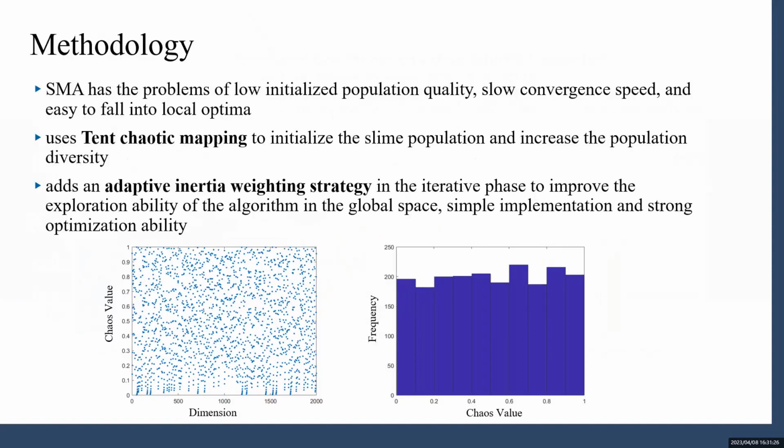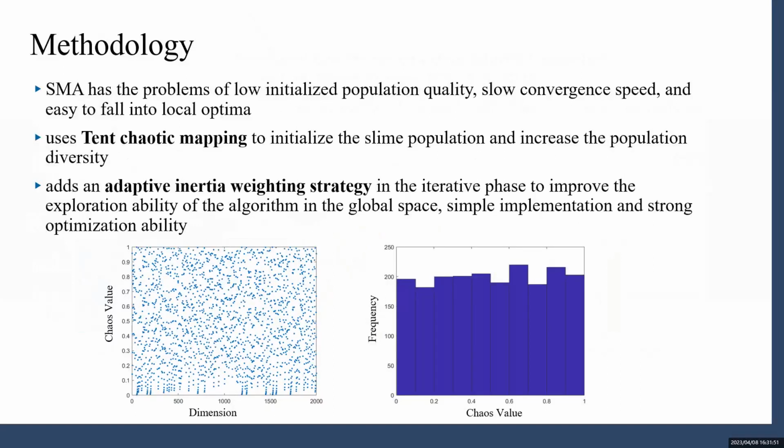And we also add an adaptive inertial weighting strategy in the iterative phase to improve the exploration ability of the algorithm in the global space so that the slime population can be searched more effectively.